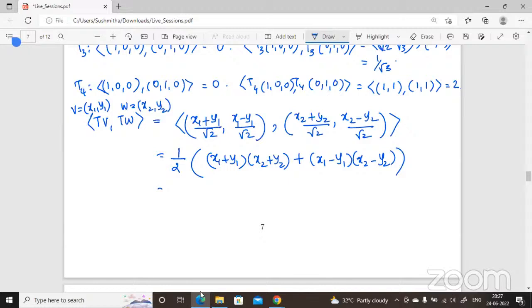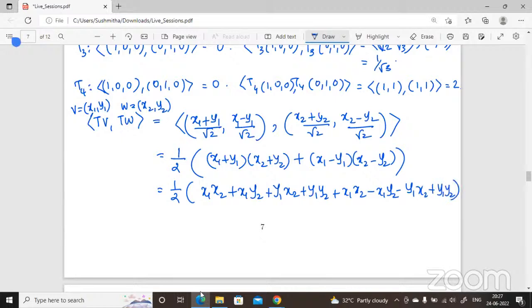So this is half of x1x2 plus x1y2 plus y1x2 plus y1y2 plus x1x2 minus x1y2 minus y1x2 plus y1y2.